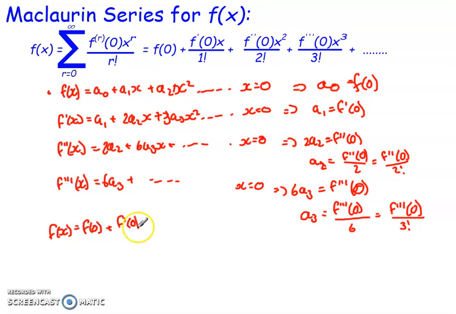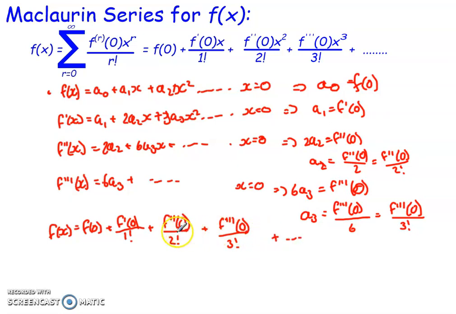Now, first derivative, it's just f dashed of 0 on its own, which is the equivalent of f dashed of 0 over 1, or, if I'm going to write it in the same format I'm doing here, f dashed of 0 over 1 factorial, plus f double dashed of 0 over 2 factorial, plus f, the third derivative of 0 over 3 factorial, and so on.